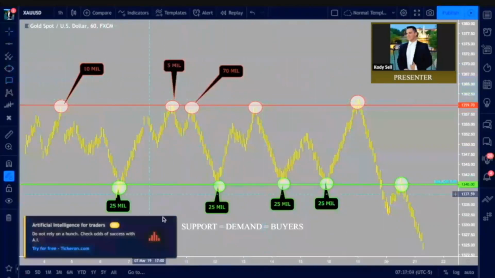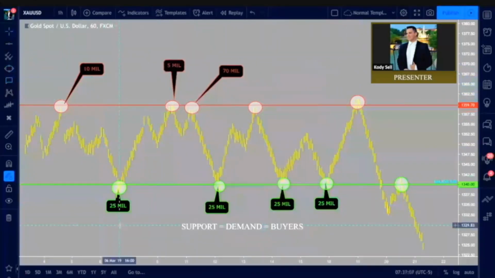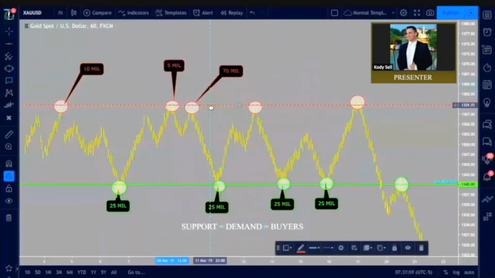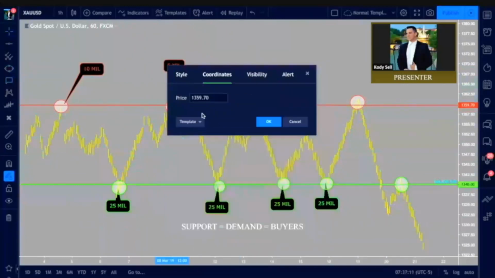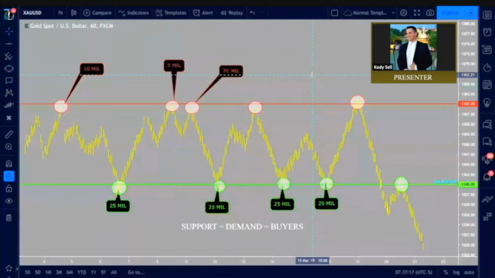You just need to understand that every time price gets up to this level, in this case let's say 1360, sellers are coming in. There are sell orders there, pending orders ready to be filled.